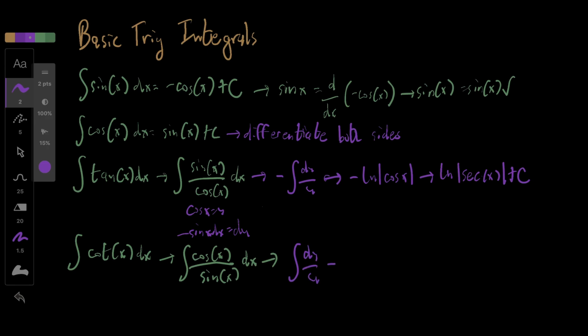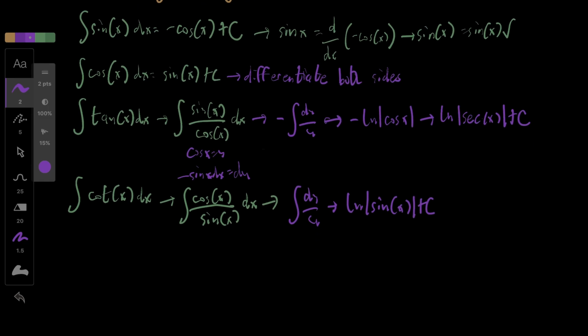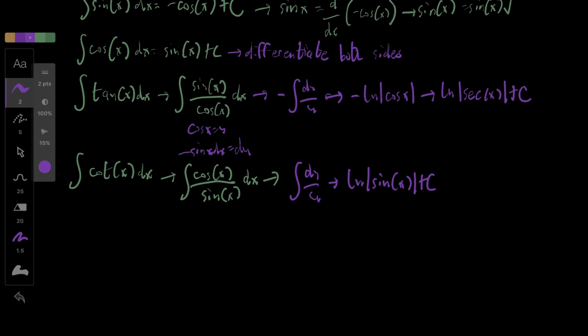This becomes the natural logarithm of u, or just sine of x. So now that we've gone through 4 of the trig functions, one more thing before we move on to the final 2. I need to talk about 2 more integrals.